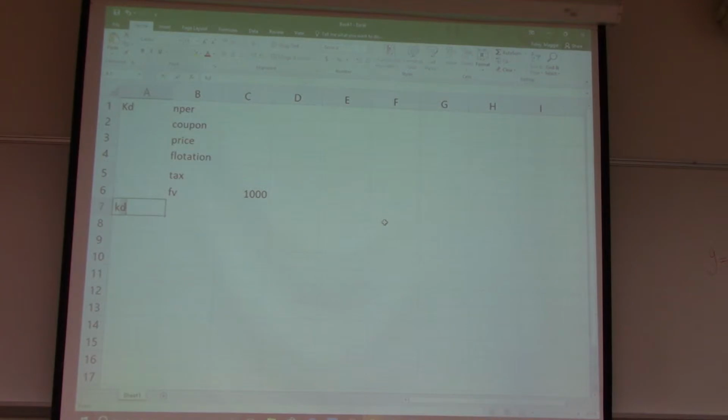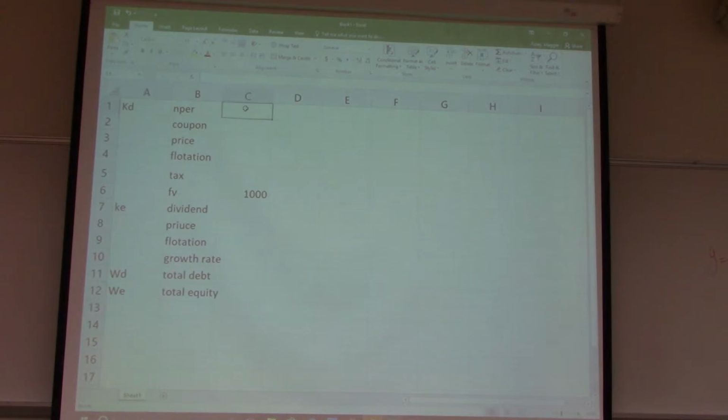And then we also need KE: dividend, price, flotation, growth. And then to get the WD, we need to know total debt. To get the WE, we need to know total equity.